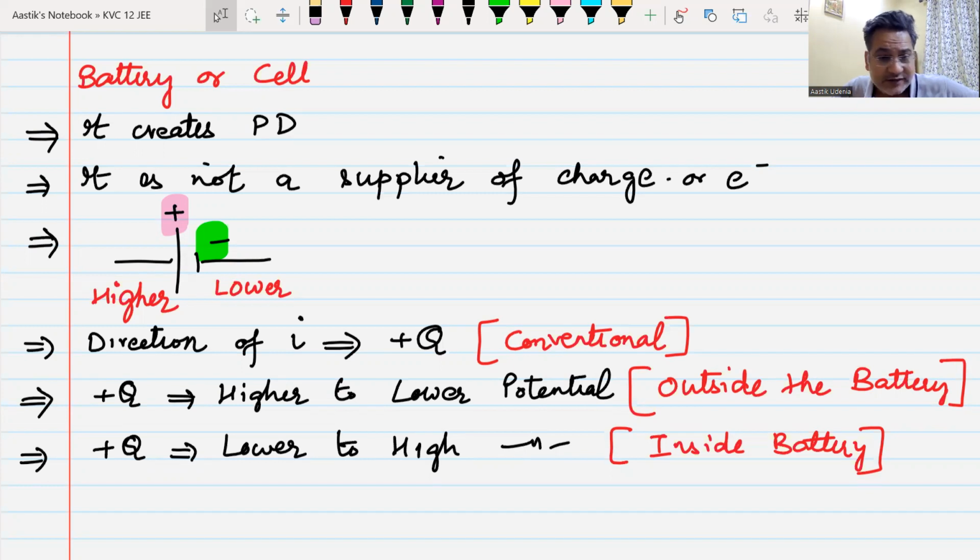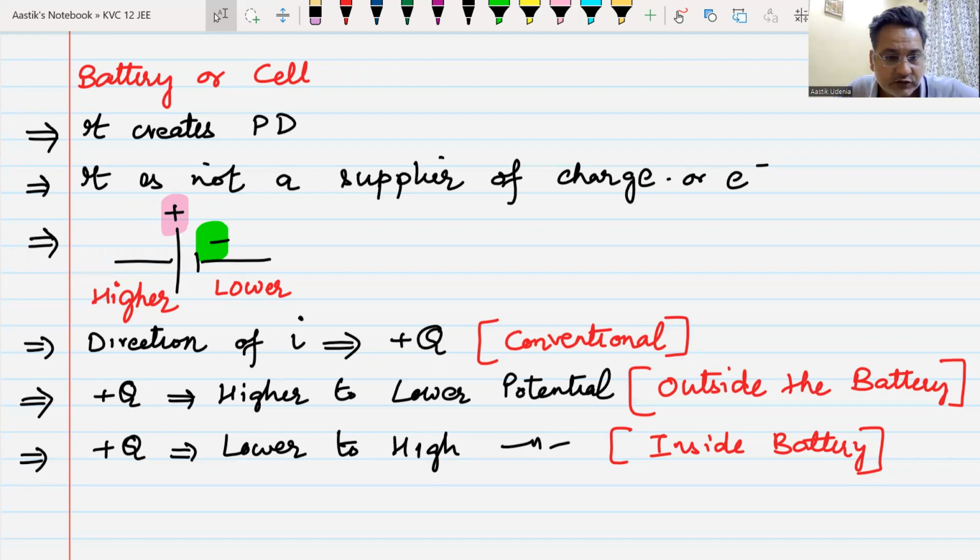And we have seen that whenever we talk about charges flowing in a circuit, no matter which charge is flowing, we are always talking about the flow of positive charges. Positive charges flow from higher potential to lower potential on their own. But if you want to make them flow from lower potential to higher potential, some work needs to be done.